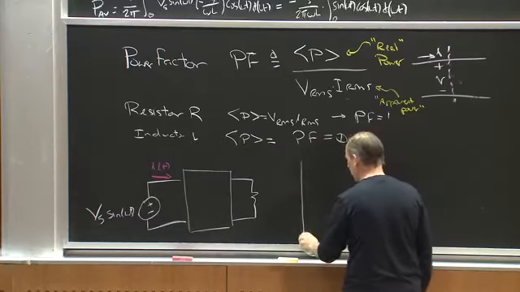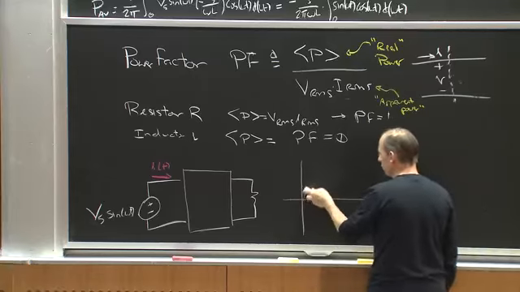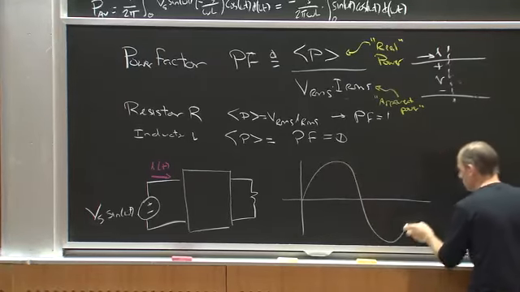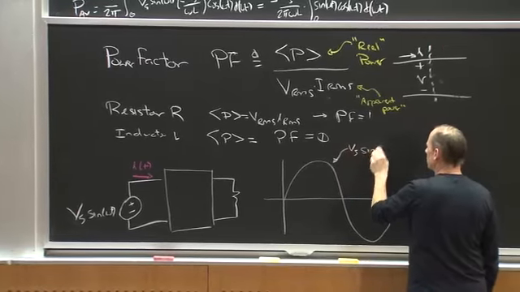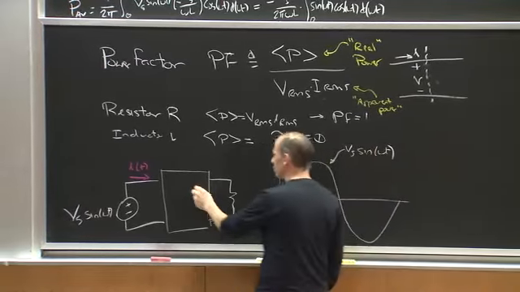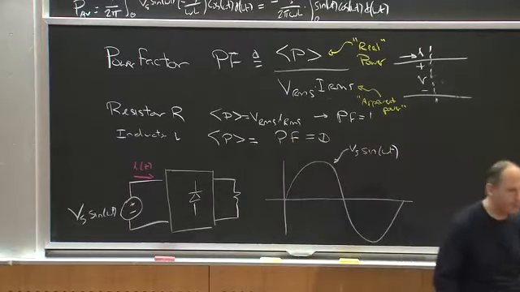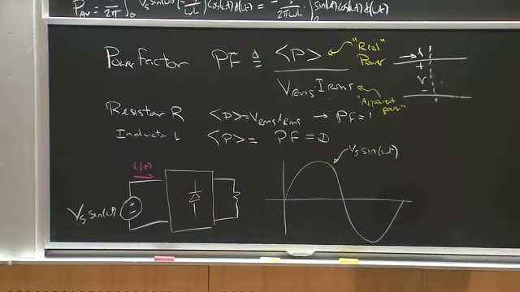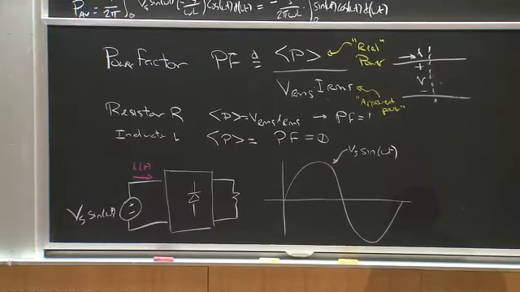In the example we had last time, I have a sinusoidal voltage source. For a power converter circuit, the best case scenario is that it looks like a resistor, because that's when you get a power factor of 1. Unfortunately, a lot of power converters don't look like that.